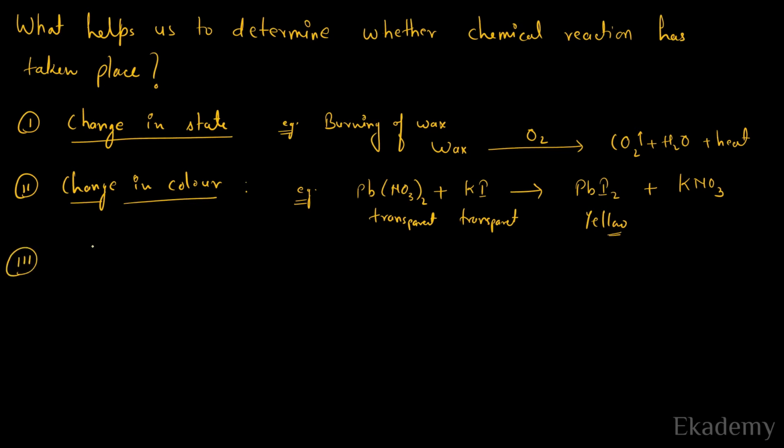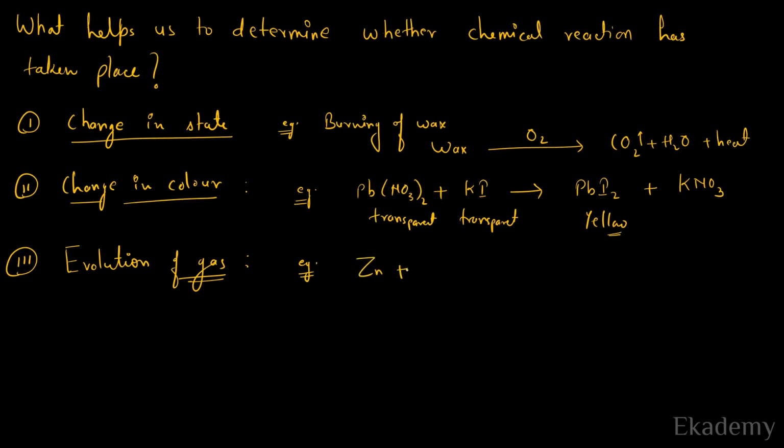Third parameter is evolution of gas. Again, we have seen this example where when zinc is added to either HCl or H2SO4, hydrogen gas evolves in that reaction. So we can again quote that example here also.